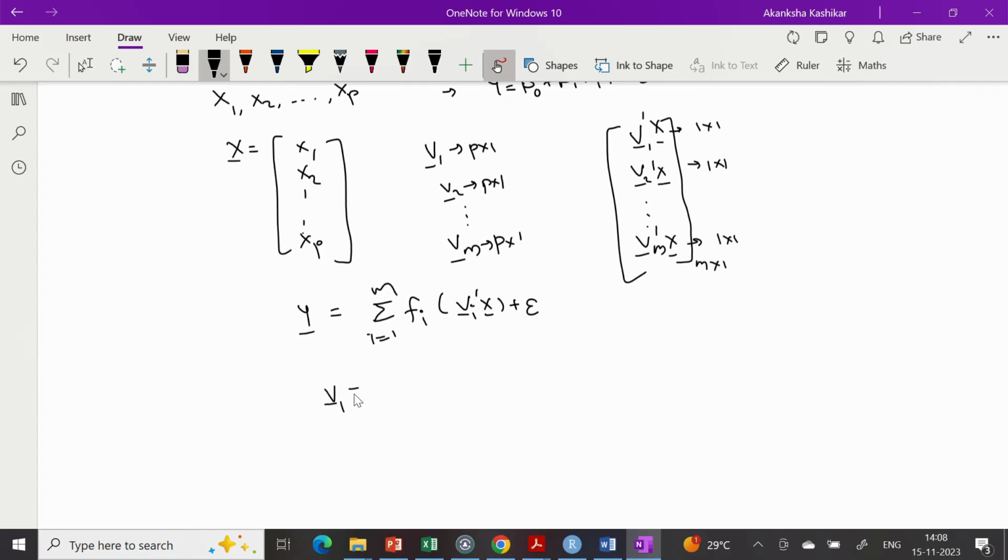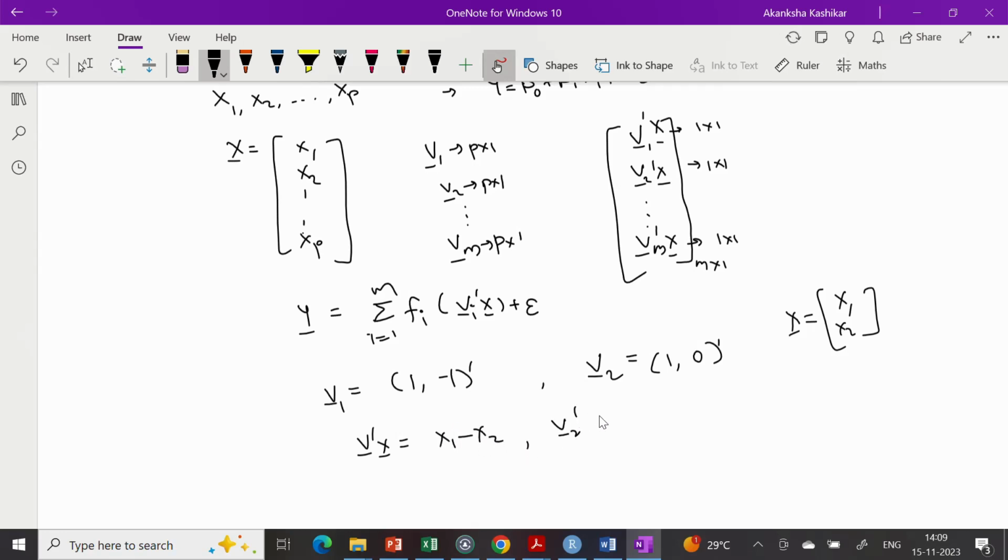Suppose v1 is (1, -1) and v2 is (1, 0). Suppose I have only two variables x1, x2, hence v1 and v2 are also 2 cross 1, and these are their primes. Then v1 prime x will be x1 minus x2, and v2 prime x will be simply x1.